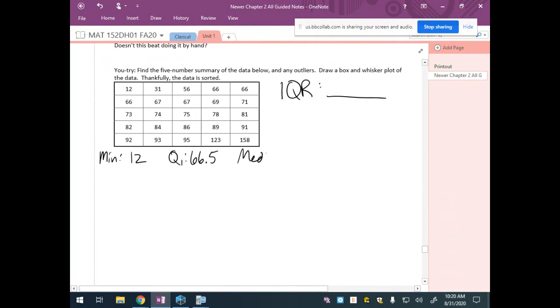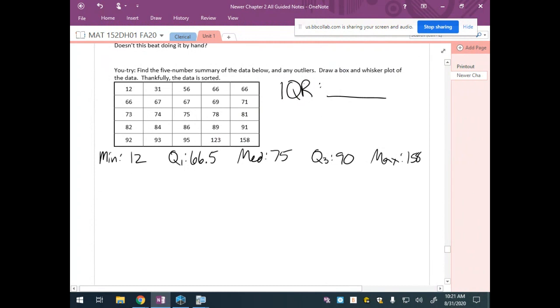The median was 75. The third quartile was 90, and the max was 158. So we find the IQR by taking 90 minus 66.5, and we get 23.5.